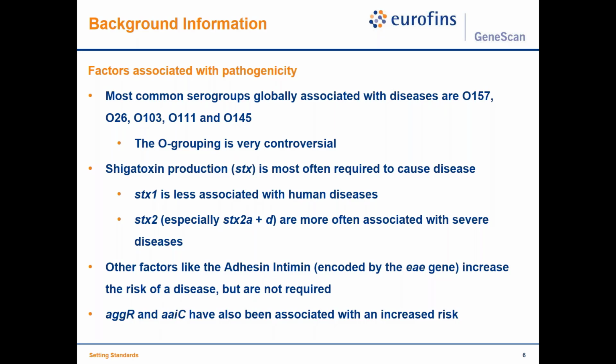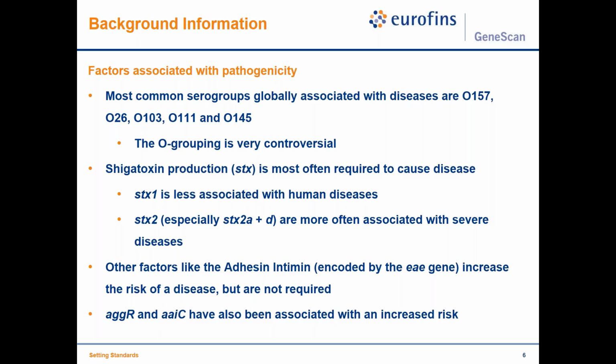The most prominent and commonly known factor is the intimin, coded by the EAE gene. This is an attachment factor that helps the bacteria attach to the cells. But this is not always required. There are very prominent cases of outbreaks where actually there was no EAE involved. Still, it is considered one of the key factors.